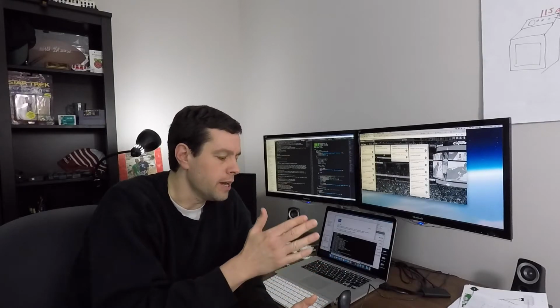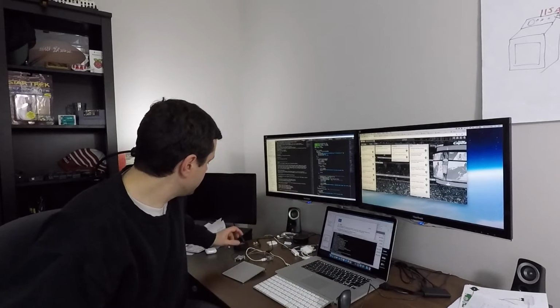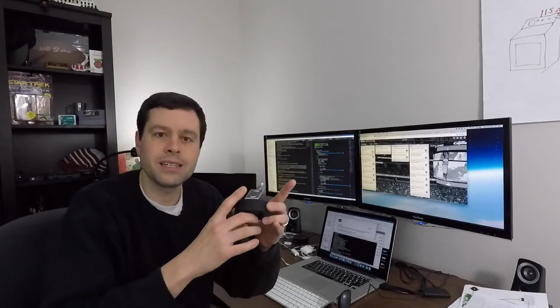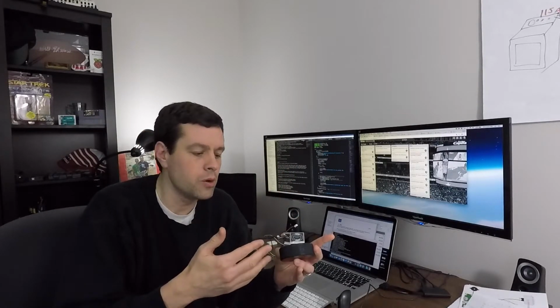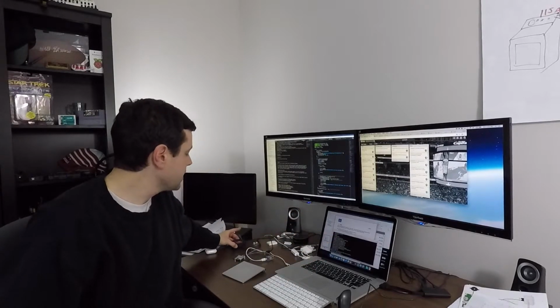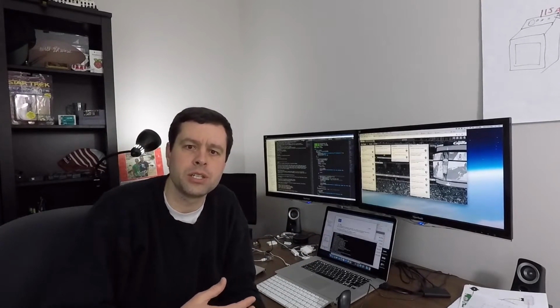As an example, I've got this screen connected to the Photon, and to connect to it I need things like SPI and GPIO to talk on the various lines. I talked about before how I was creating an abstraction layer around that.